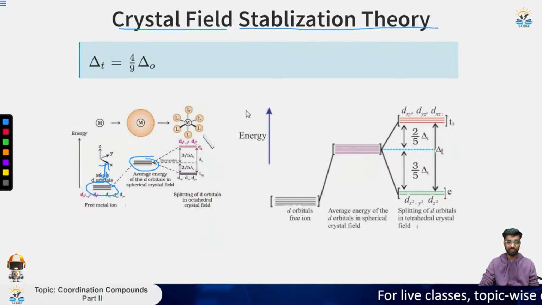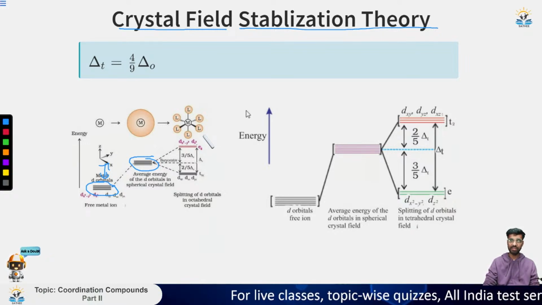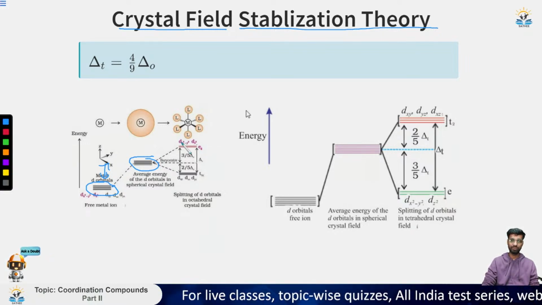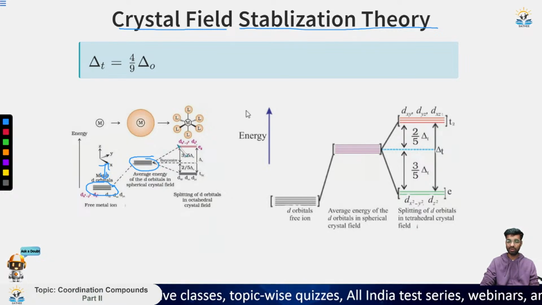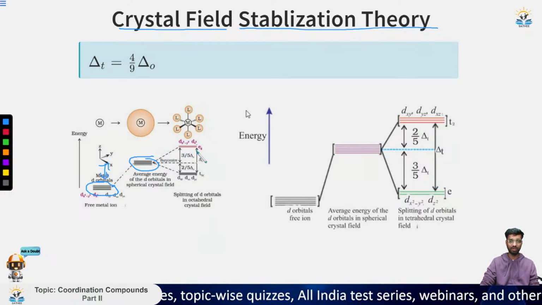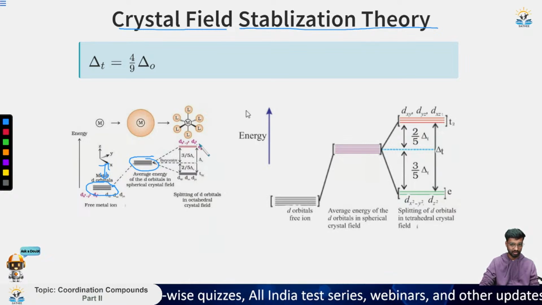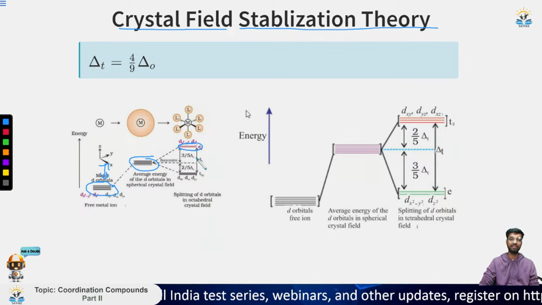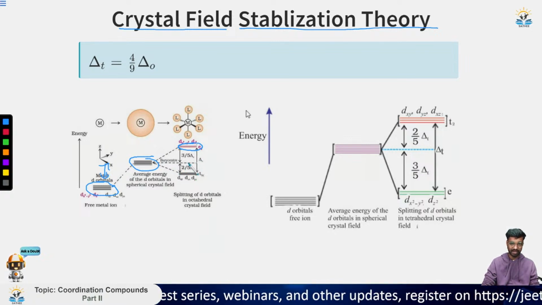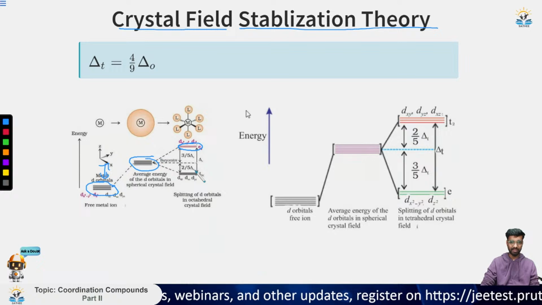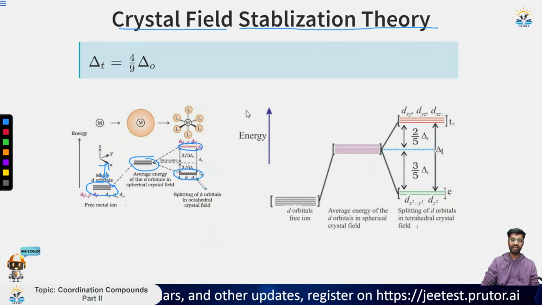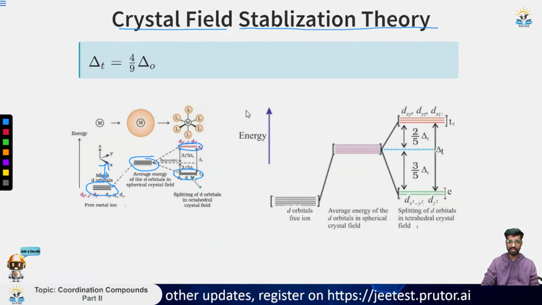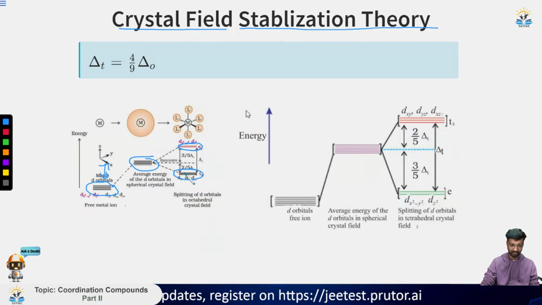Since the ligands approach along the axis, the orbitals which lie along the axis are raised higher in energy, because of the greater repulsion between the electron cloud of the ligand and the electron cloud of the metal ion. In comparison, dxy, dyz and dxz, which are between the axes, lie below.